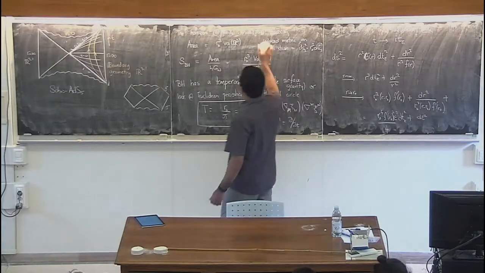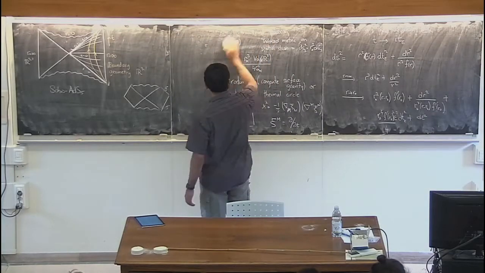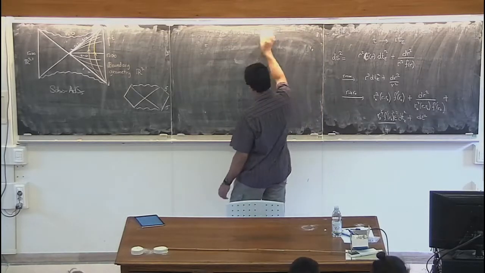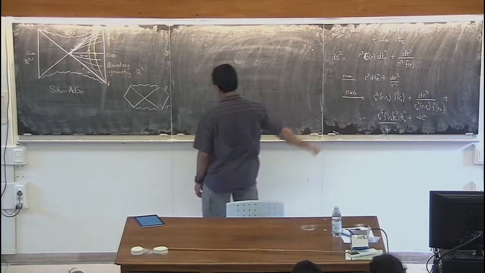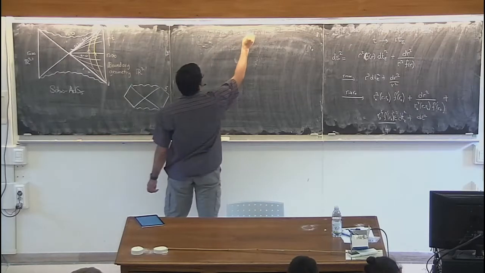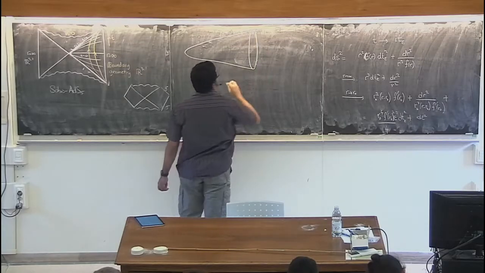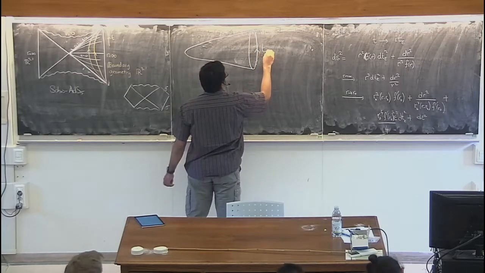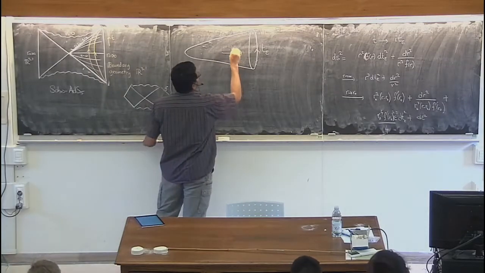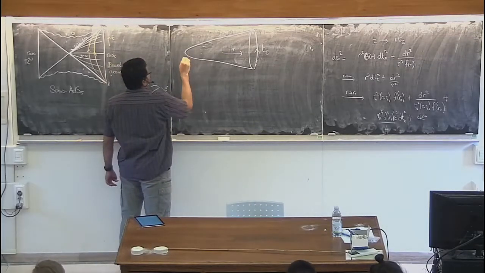So what is this telling us? What this is saying is that this section, the r-t_E section of the black hole, has the topology of a disk with t_E parameterizing a circle, r running out, and this circle terminates.